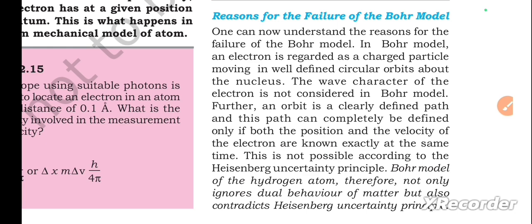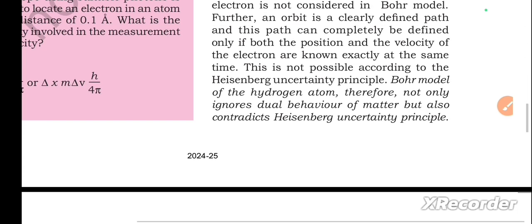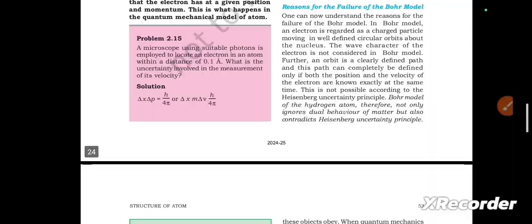Further, an orbit is a clearly defined path, and this path can completely be defined only if both the position and the velocity of the electron are known exactly at the same time. This is not possible according to the Heisenberg uncertainty principle. The Bohr model of the hydrogen atom therefore not only ignores the dual behavior of matter but also contradicts the Heisenberg uncertainty principle.